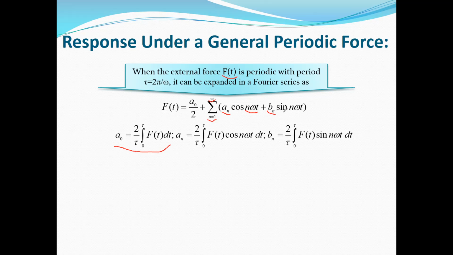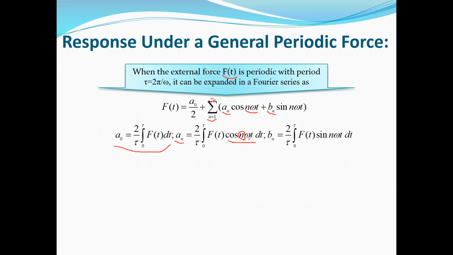So this is the Fourier series of a periodic function f(t). The coefficient of cosine harmonics a_n is equal to 2 divided by tau times the integral of f(t) times cosine n omega t. You can solve this integral and obtain that a_n is a function of n.